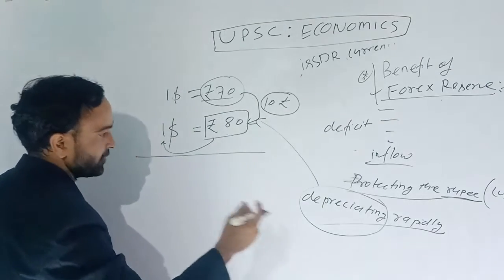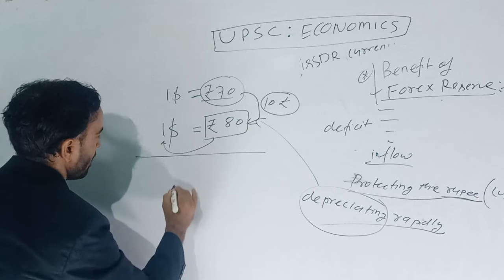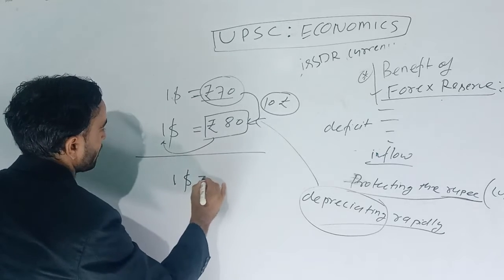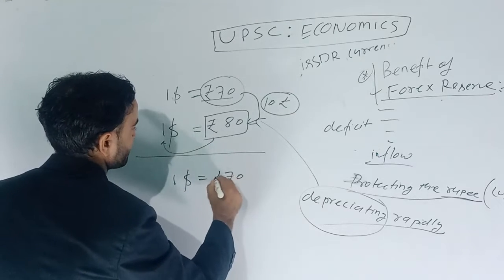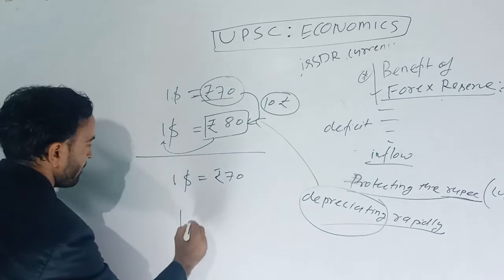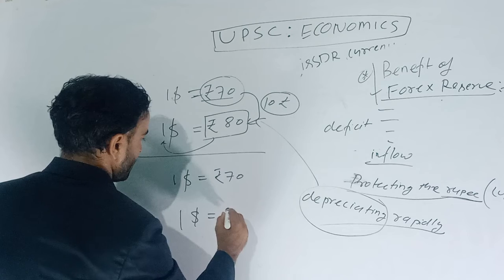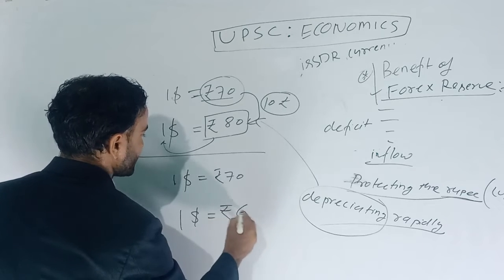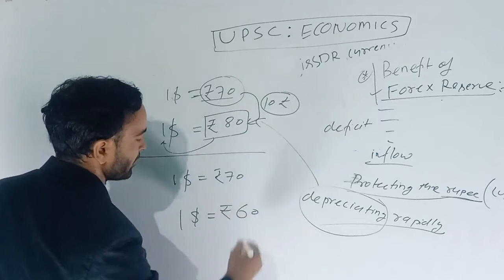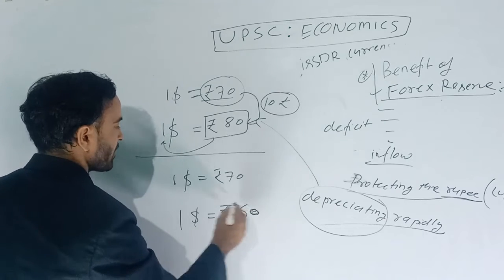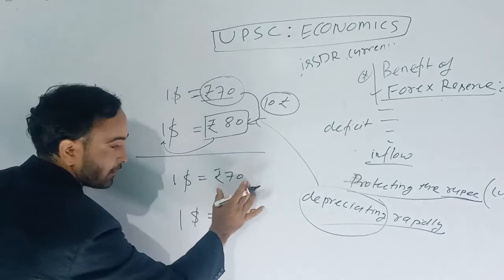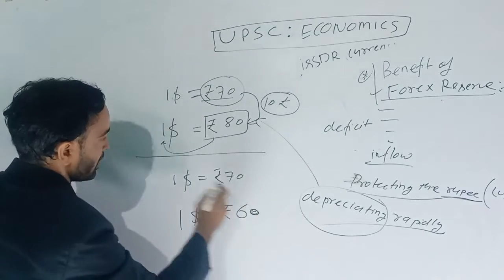This is called depreciating. And what is appreciating? Appreciation of currency. Let's suppose earlier $1 equals 70 rupees. Now with appreciation, it means my currency is getting more valuable, so I have to give only 60 rupees or 50 rupees or 40 rupees.